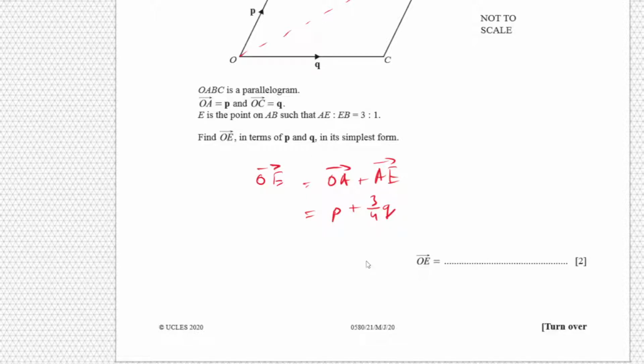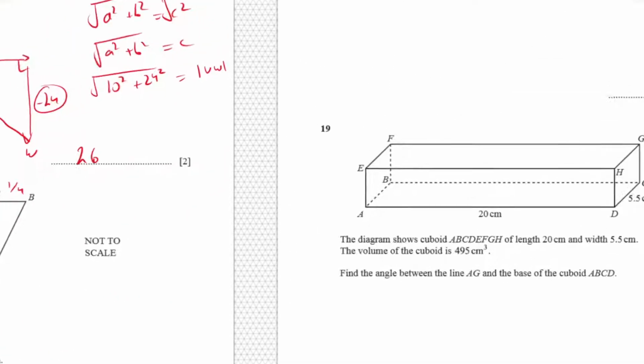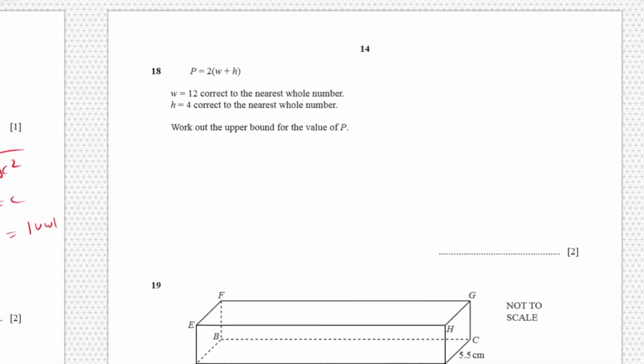It's the simplest form. We cannot simplify it further, I think. So we can simply say P plus 3/4 Q. All good. Let's move on.